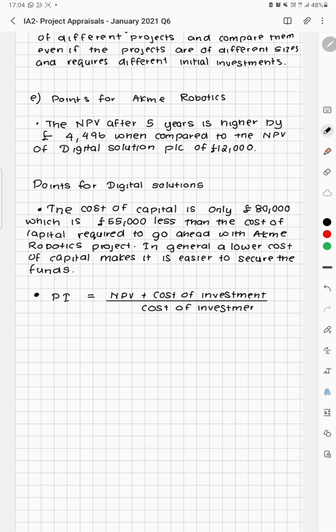Which is basically 12,000 plus 80,000 divided by 80,000. Which is how much? 1.15.